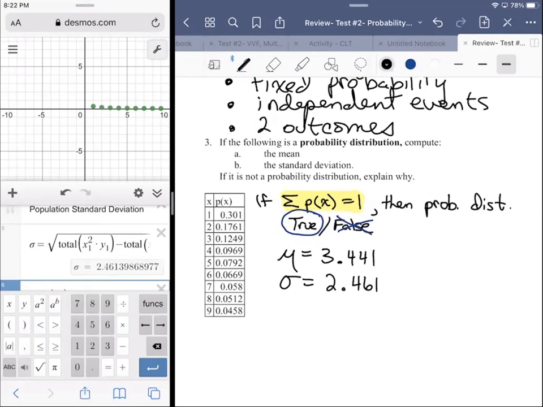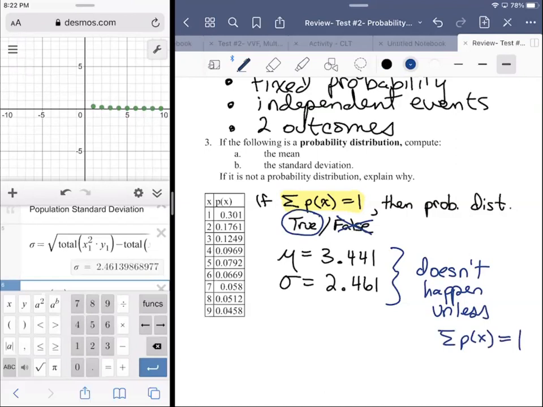But this stuff here doesn't happen unless the sum of P of X is equal to 1. If you got anything other than 1, you wouldn't report the mean and standard deviation.